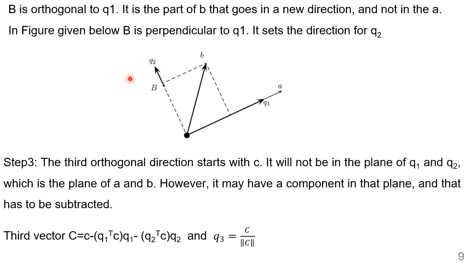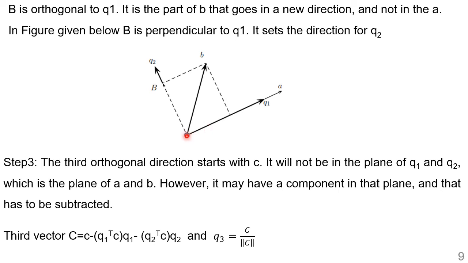Graphically, I can show the operation of step 1 and step 2 like this. I have a vector A. I divide this vector A by its length and I get a vector Q1. Now I need to get Q2, which is perpendicular to Q1.